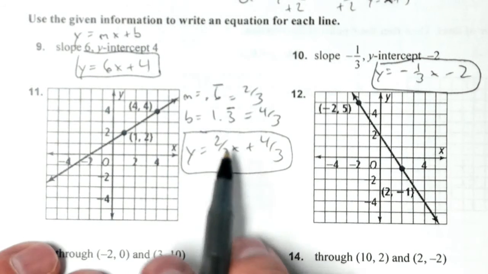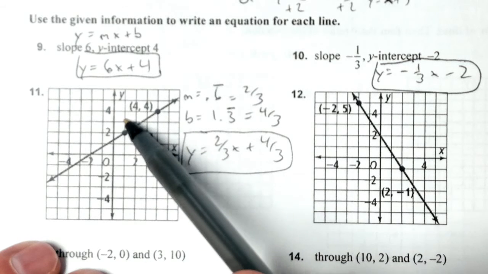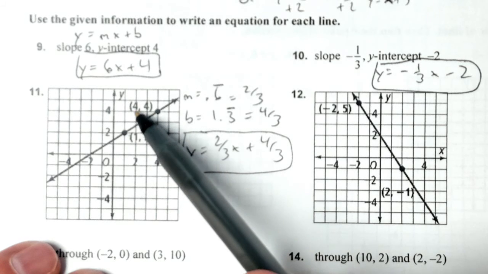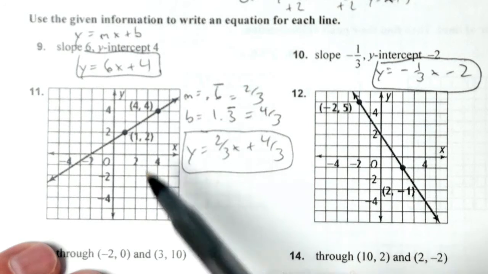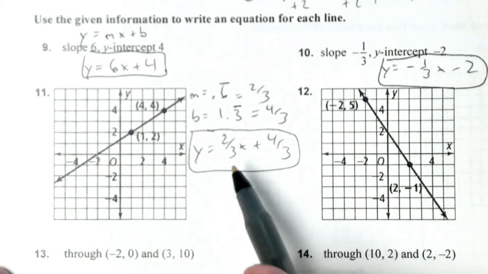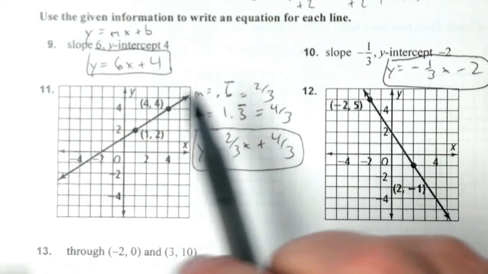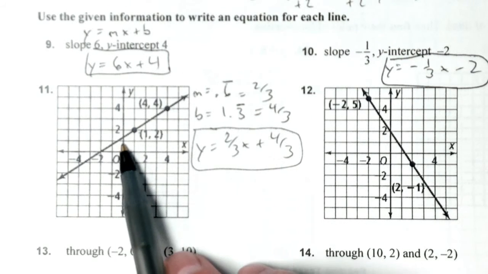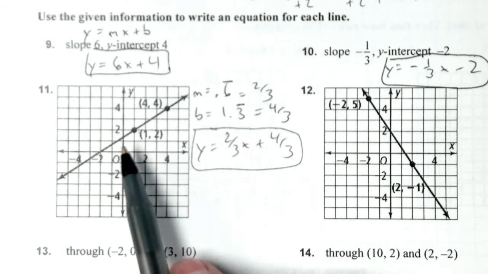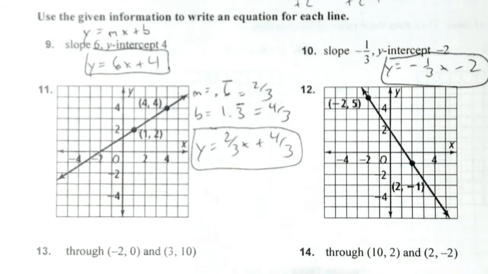And again, if you wanted to check, you could say you're going up 2 and then right 3, because your slope is rise over run. And then 4/3 means it's a little higher than 1 because it's 1 1/3. So that looks like a reasonable equation. Any questions?